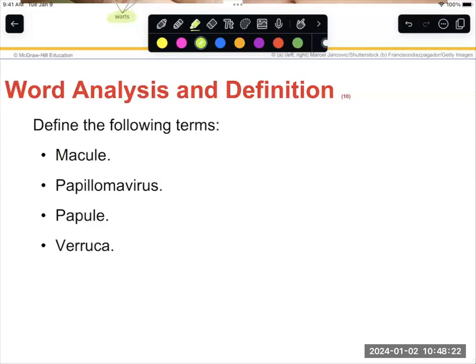So, macule. This is a small, flat spot or patch on the skin.